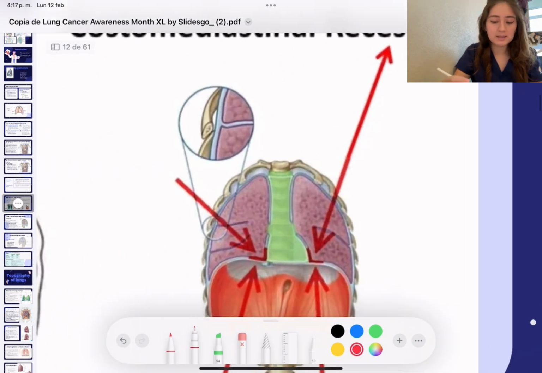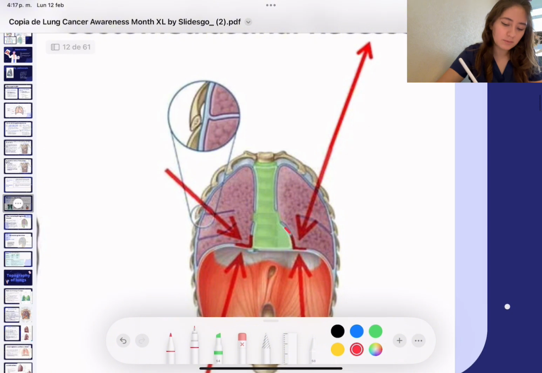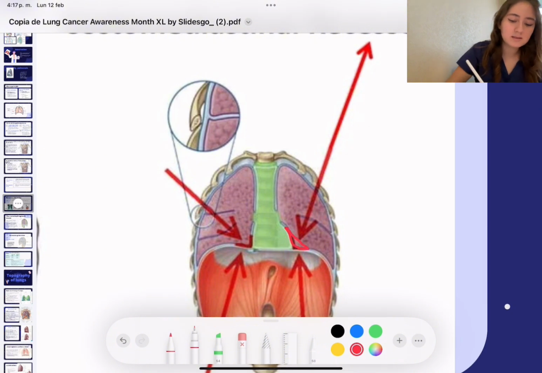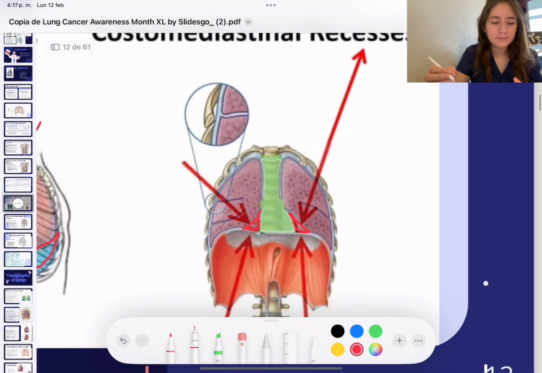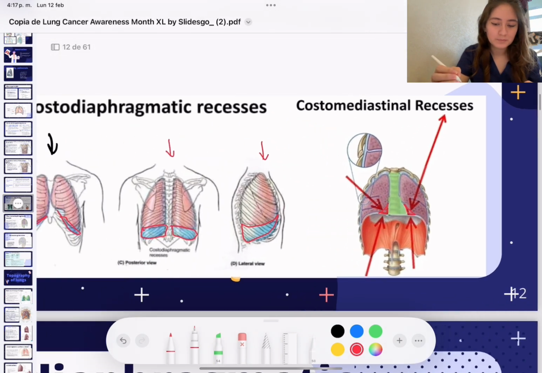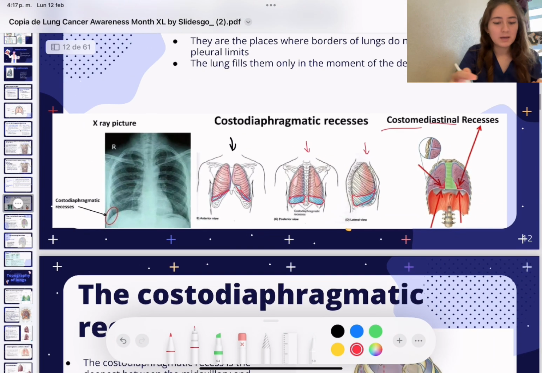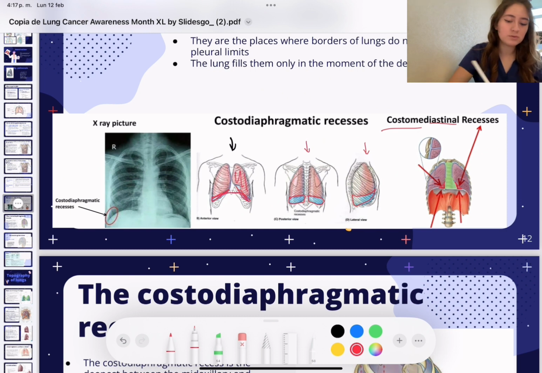And the costomediastinal recess is the one from here, next to the mediastinum, and it faces the ribs, so it's costomediastinalis. And costodiaphragmatic because it faces the ribs and also the musculus phrenicus.